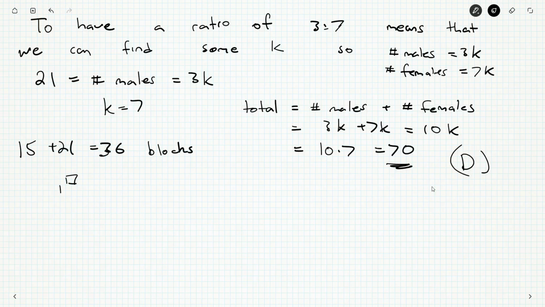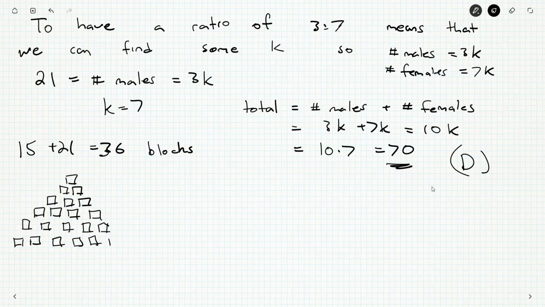We know we can do one with 21. That'll have a base of 6. So the next thing we would want to add is a layer of 7. Do we have 7 blocks that we can add to form a layer of 7? They've done the work for us. This is 21, so that's 21 out of our 36 blocks.